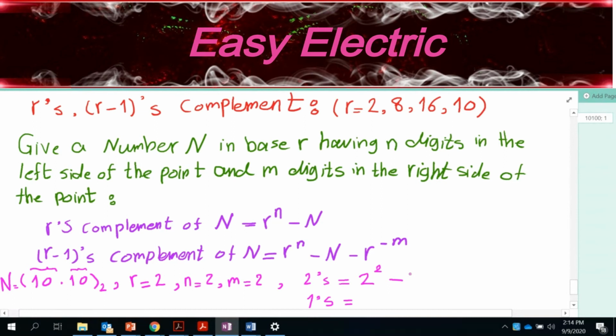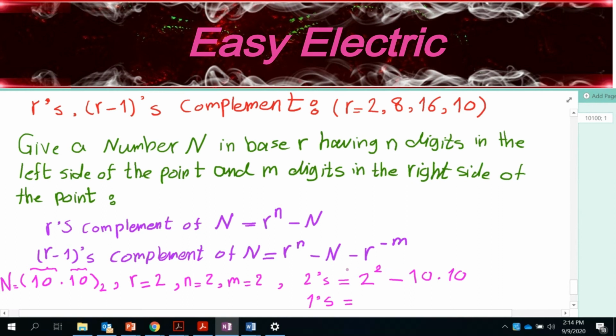N is the whole number that you have, which is 10.10. Definitely you couldn't do this subtraction because one side is decimal, the other side is binary. Technically, you should convert this to binary or convert this to decimal, then you are able to subtract, right? Whenever you subtract, both sides should be in the same base.